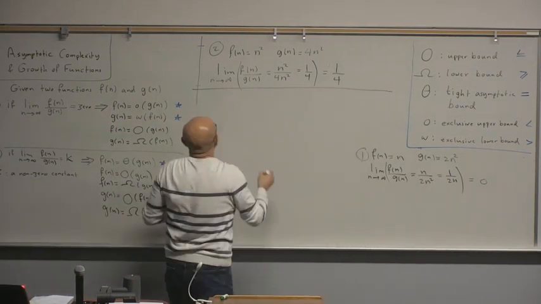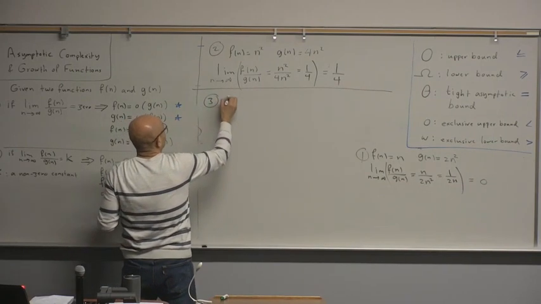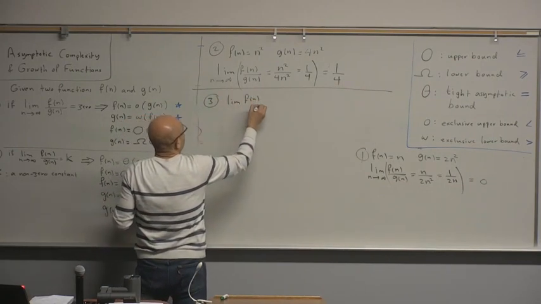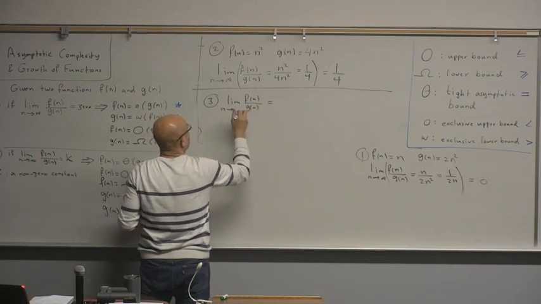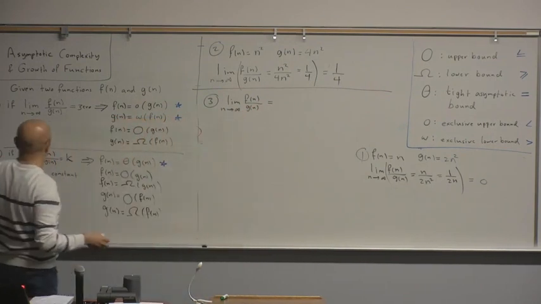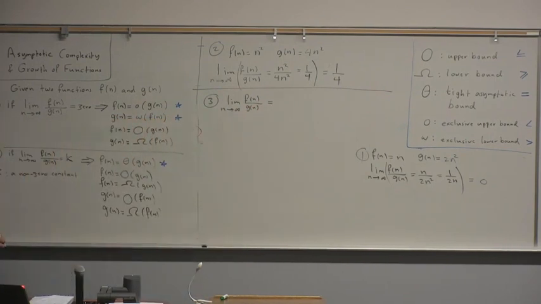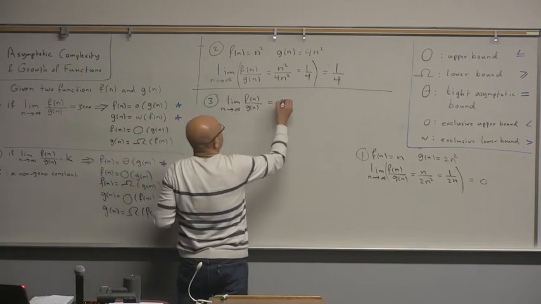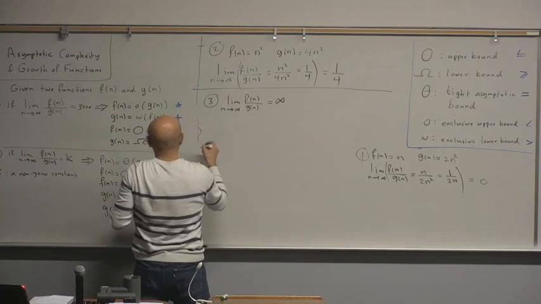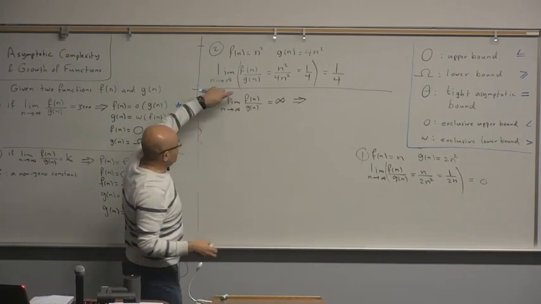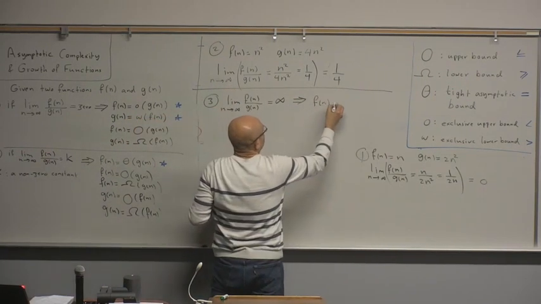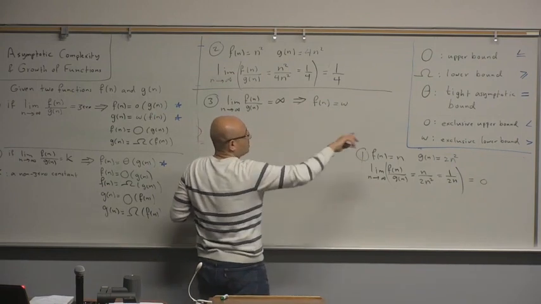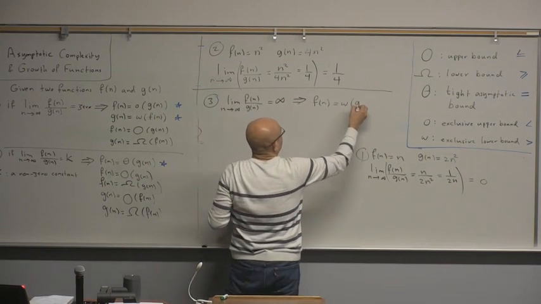Now case 3: the limit of f of n divided by g of n as n tends to infinity. It could be 0 or a constant or infinity. So if the limit is infinity, then the numerator is greater. So f of n equals small omega of g of n.